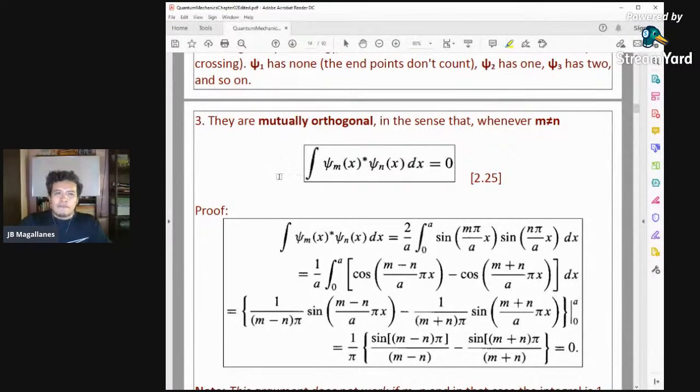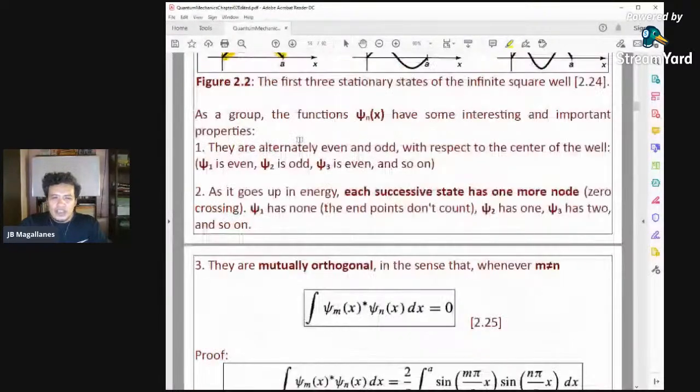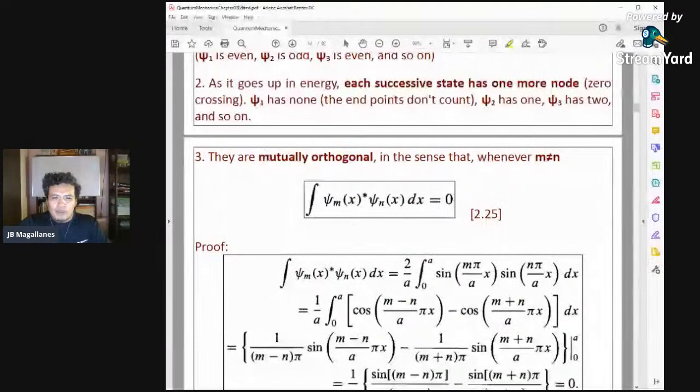So these stationary states for the infinite well are mutually orthogonal, meaning whenever you get the product, the dot product, this is also called dot product.